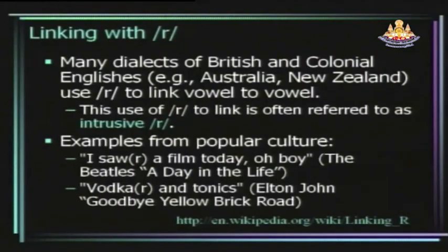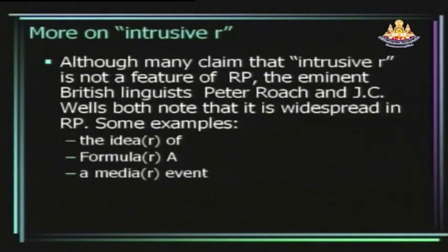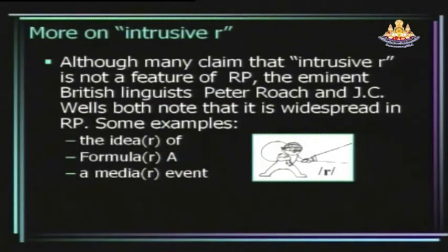Many linguists in the past have claimed that linking R or intrusive R is not a feature of received pronunciation or proper British English, but today most British linguists, including Peter Roach and J.C. Wells, say that in proper British English, linking R is extremely widespread, so that most British English speakers use linking R in words like the idea of, or Formula a meteor event.